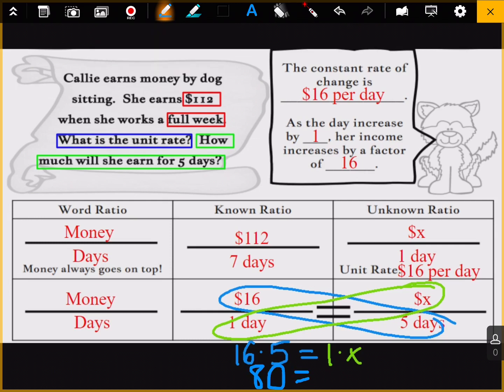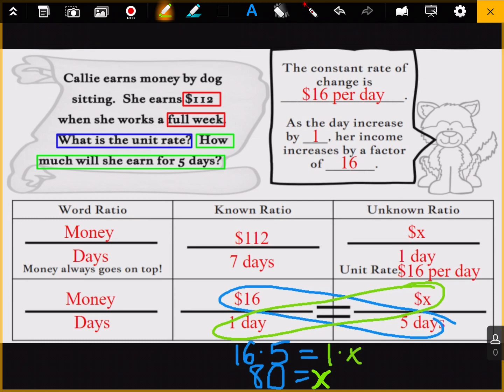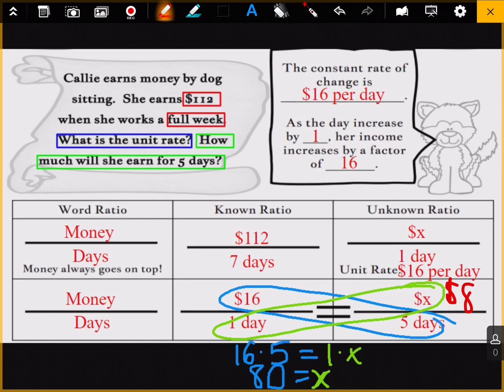And then 1 times x is just going to be the letter x. We don't have to include that 1 there. So technically we are actually done. We don't have to divide here, because if you divided 80 by 1, it would still be 80. So in 5 days, she would earn a total of $80.